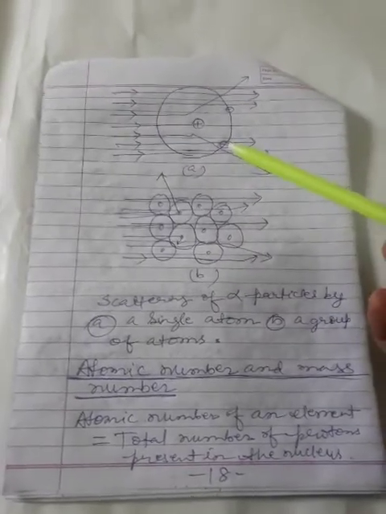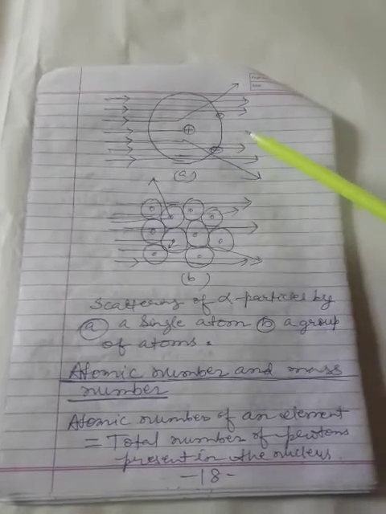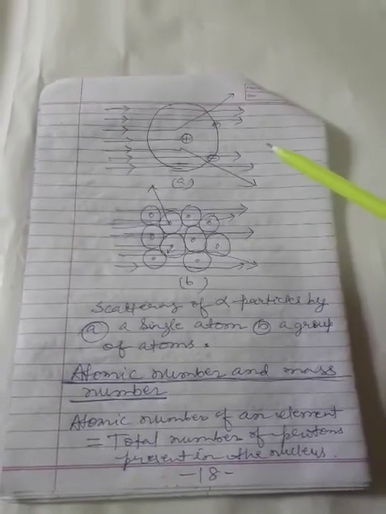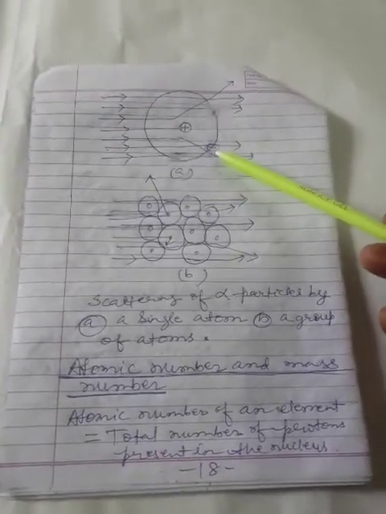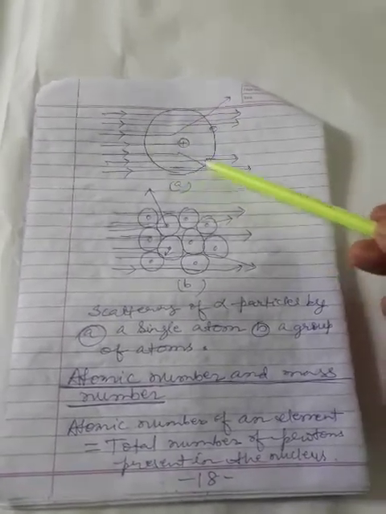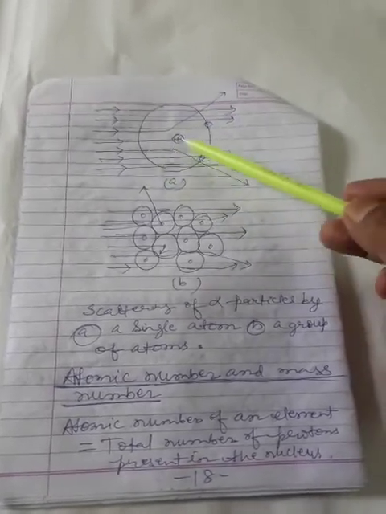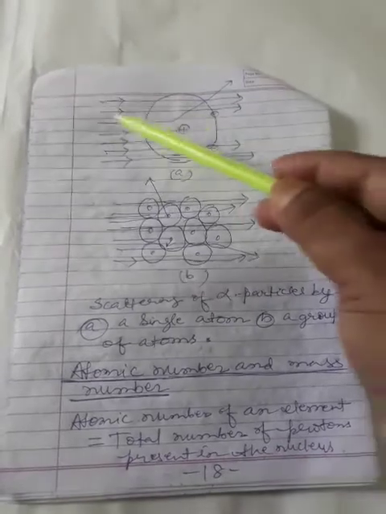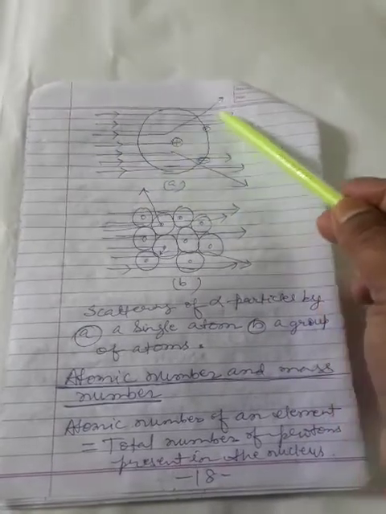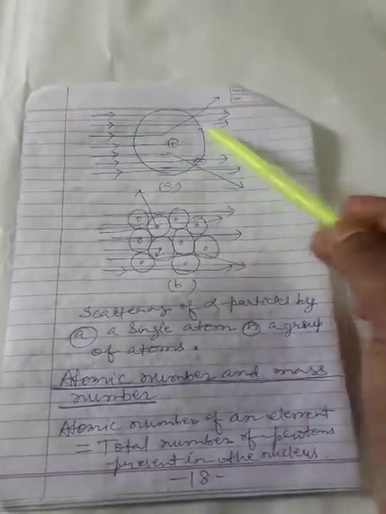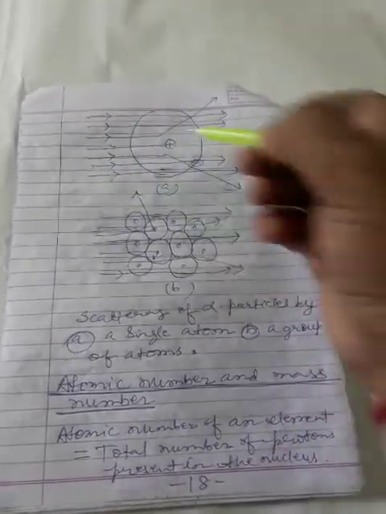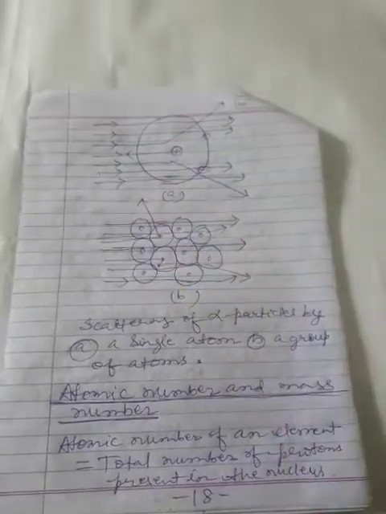We can see in the figure the scattering of alpha particles by a single atom and the scattering of alpha particles by a group of atoms. In the first case, this is a single atom considered as spherical, and this is the positively charged nucleus. In the path of the alpha particles, we can see some alpha particles deviated and most pass in a straight line, and very few, 1 out of 20,000, bounce back.